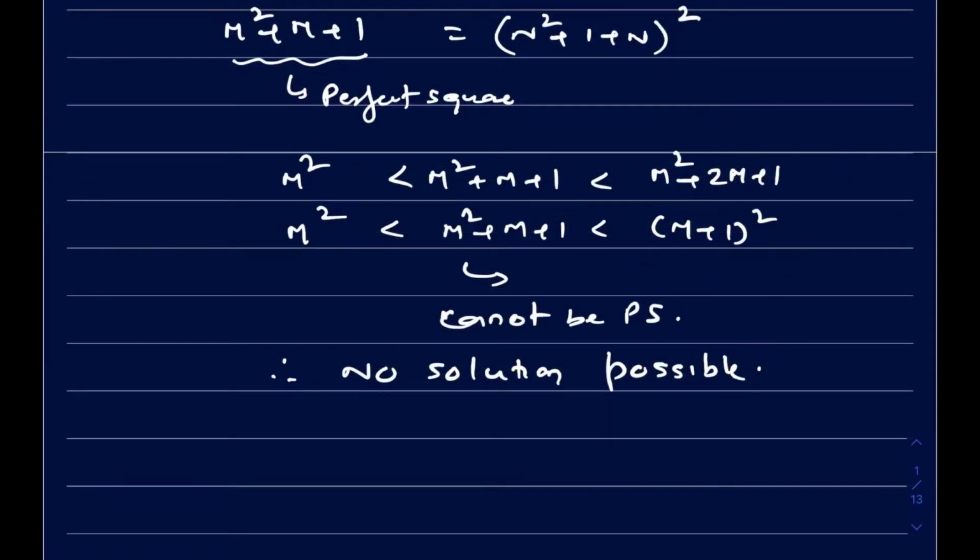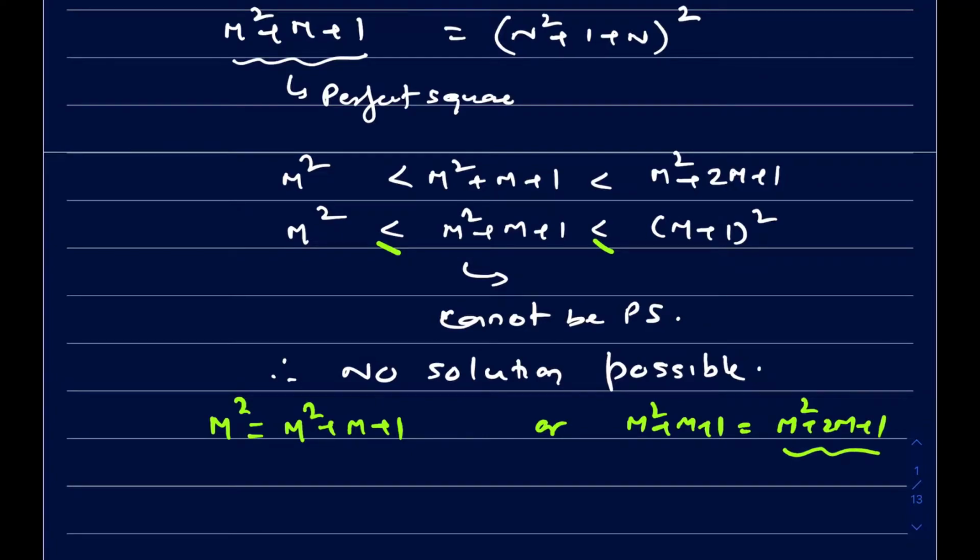Now, since we have established that m^2 + m + 1 is not a perfect square, there is one remote possibility that m^2 + m + 1 can be equal to m^2 itself. There is an equality here. Or there is a possibility that m^2 + m + 1 is equal to m^2 + 2m + 1.